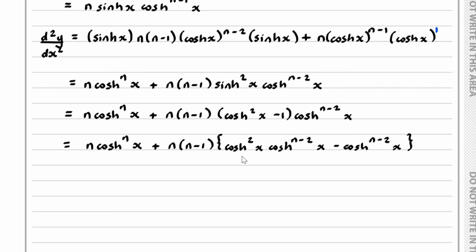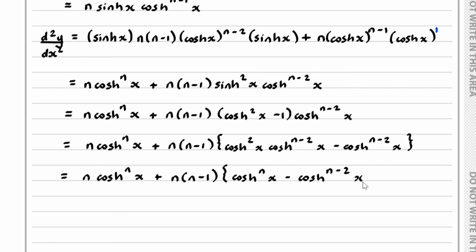And so what we can do here is add the powers. So I've got n times cosh n x plus n times n minus 1 multiplied by, well, here I have 2 plus n minus 2 as my power, so that's just going to be cosh n x, and then I subtract cosh n minus 2 x.